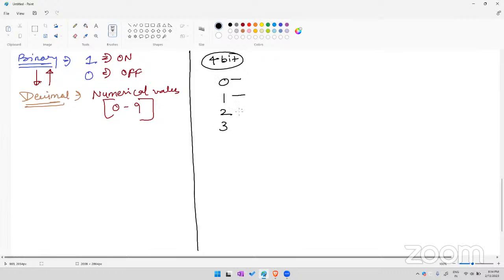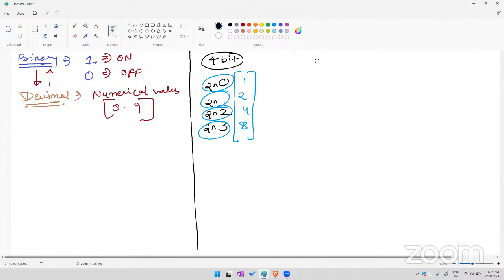Count 1, 2, 3, 4: we are getting 4 values. Now 2 power 0, 2 power 1, 2 power 2, and 2 power 3. 2 power 0 is 1, 2 power 1 is 2, 2 power 2 is 4, 2 power 3 is 8. We receive these values after performing the power operation.